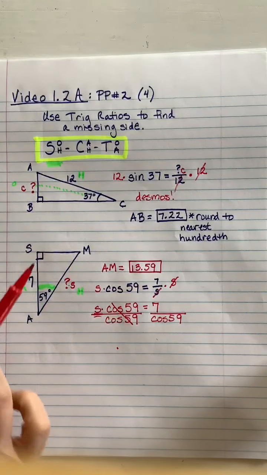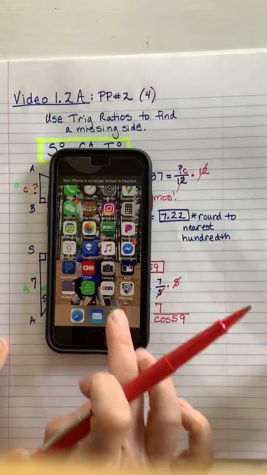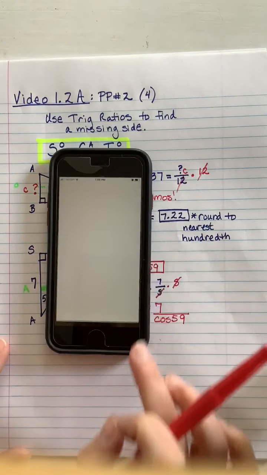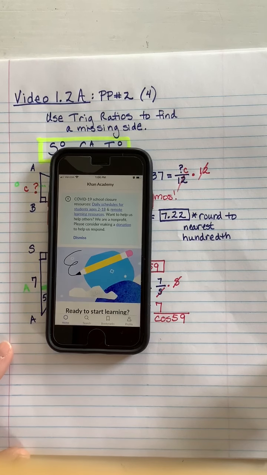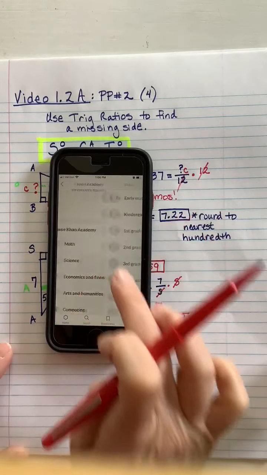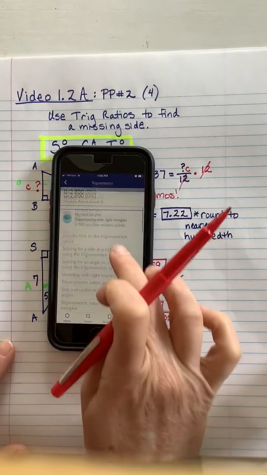That is going to be the second set in your Khan Academy practice problems. Where did I put it? There it is. So if I'm looking at this, I'm going to go to my trig, and this might already be in your assignment list.